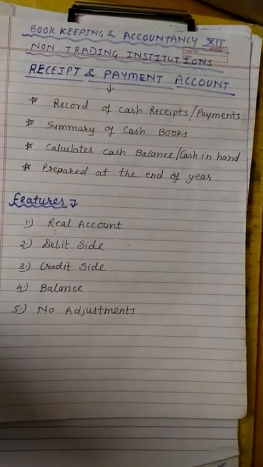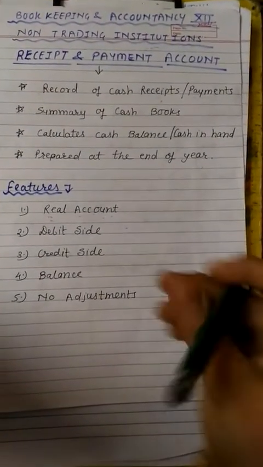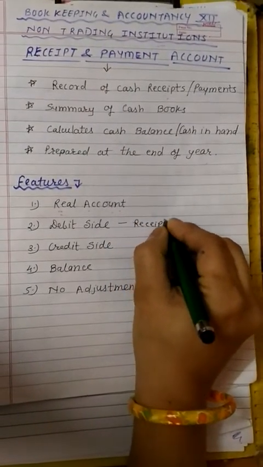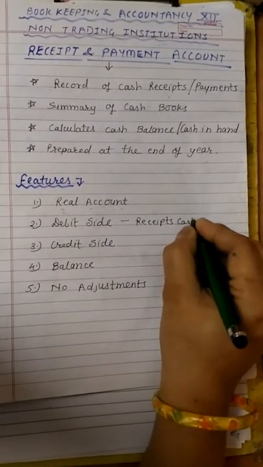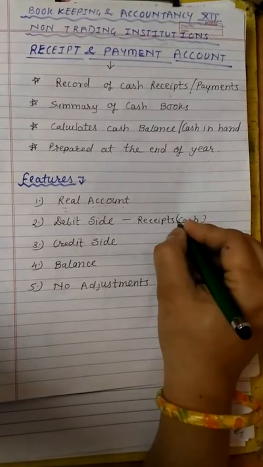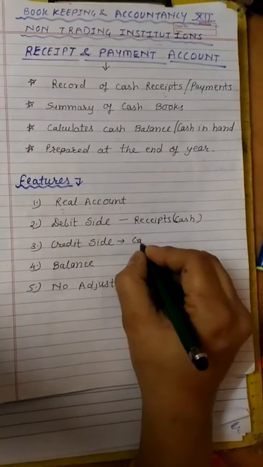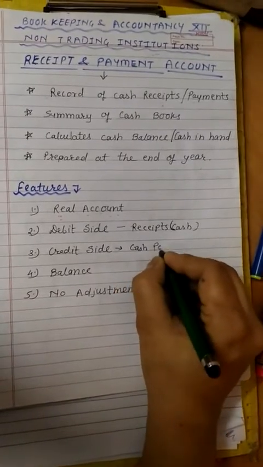The debit side is used to record the receipts of cash and the credit side is used to record the cash payments.